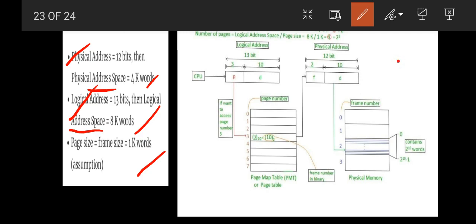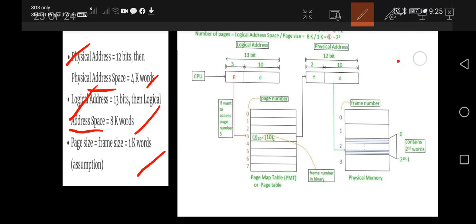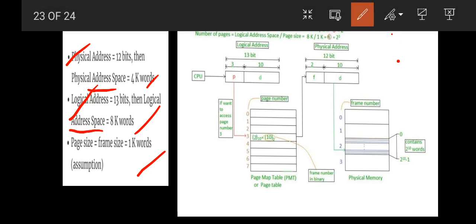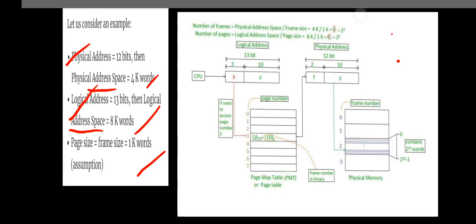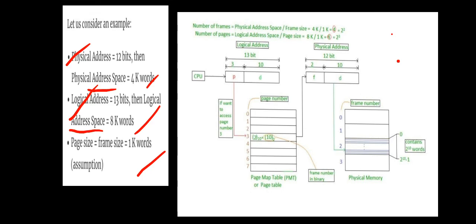So how do we compute the number of pages and the number of frames? To get the number of frames, you divide your physical address space by your frame size.